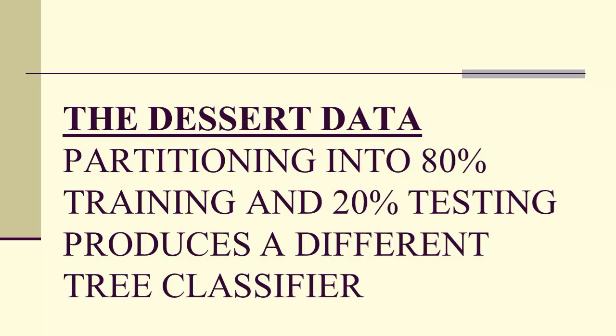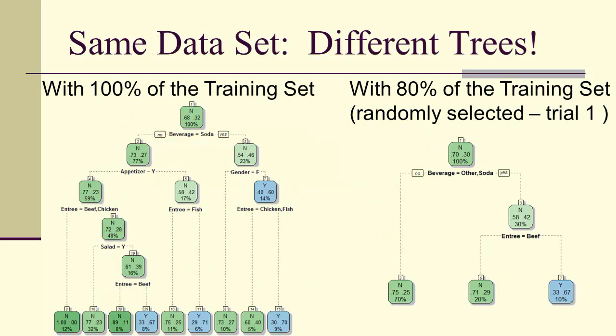Now let's notice something else. The dessert data, when we partition it into 80% training and 20% testing, we actually wind up with a different tree classifier. So here's the same data set with 100% of the data compared to the decision tree we get with 80% of the data.